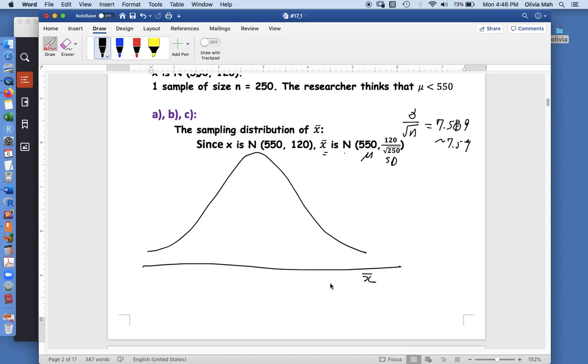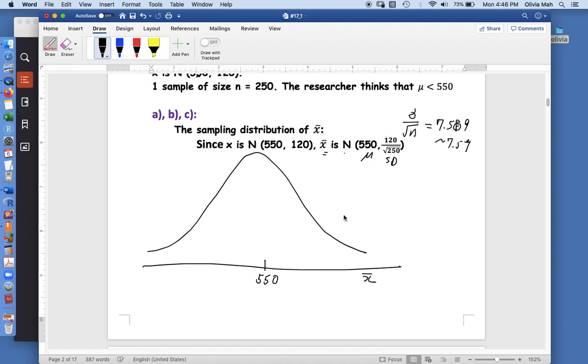This is our density curve, like the smooth version of the histogram of all possible sample means of size 250. So the middle part is 550.